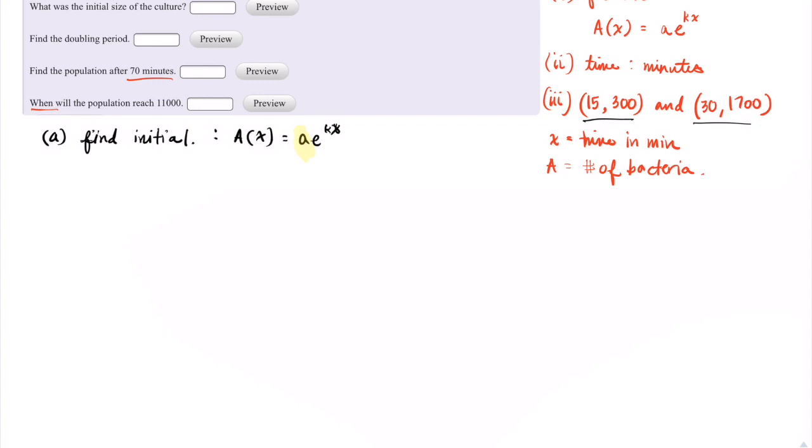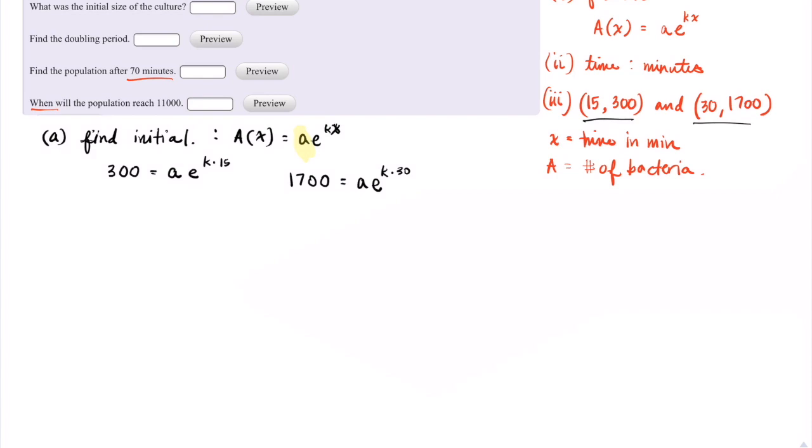The first thing we know is that the amount is 300 when a e to the k, and then our time would be 15 minutes. And then we do know when the culture is 1700, that this would be equivalent to a e to the k times 30.